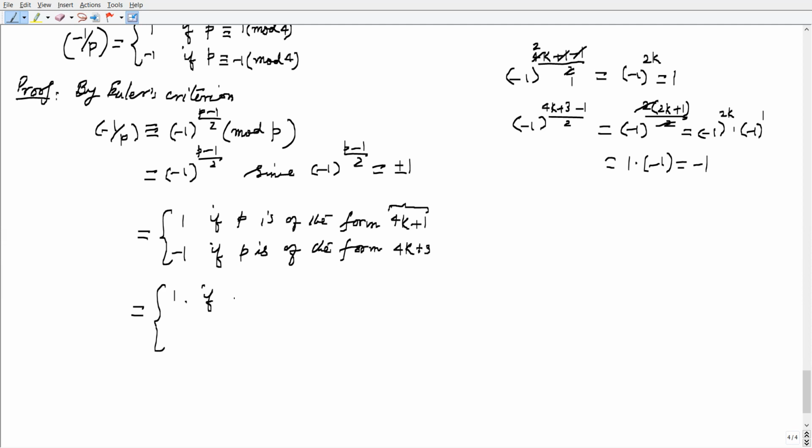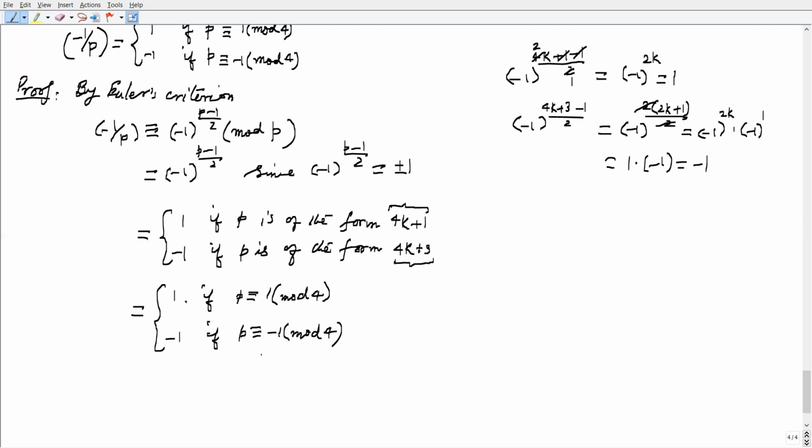So we write 1 if p is congruent to 1 modulo 4, and -1 if p is congruent to 3, that is, whenever we divide this number by 4 we get remainder 3, and 3 is congruent to -1 modulo 4. So that's the required proof.